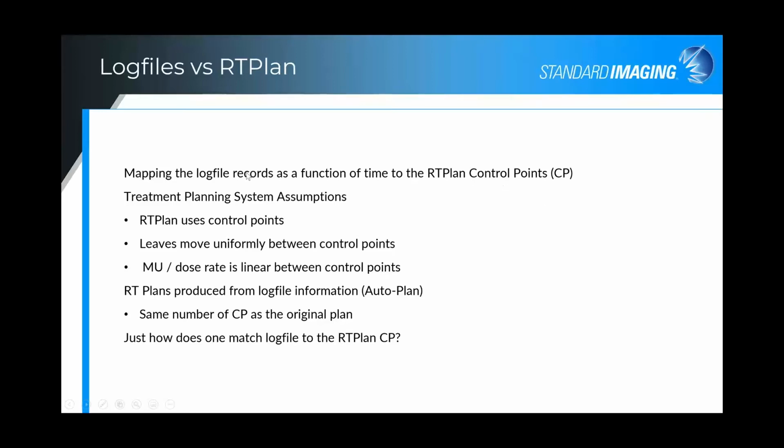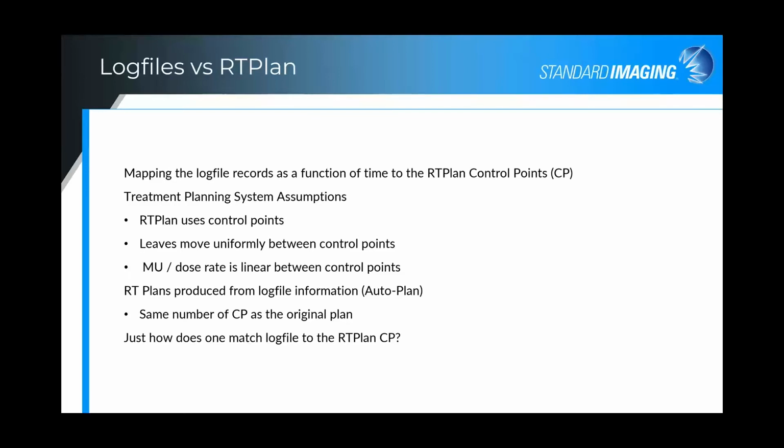I wanted to go into a little bit more detail about the RTPlan control points as well as the log file records. A few other things to think about are some assumptions: that the leaves are moving uniformly between control points, because in the plan, the only positions that the computation is specified at are those control points.